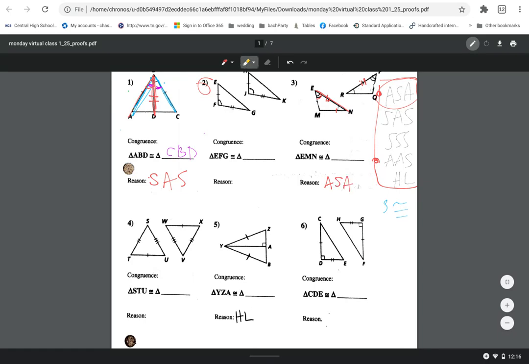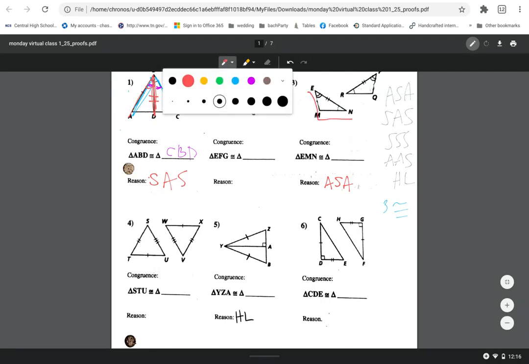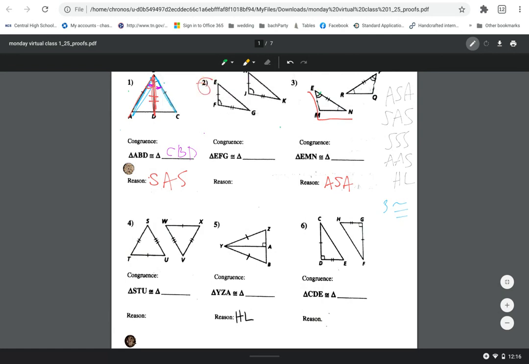Okay, so let's try to name them in the same order. So if you look, EMN, so EMN. So if we look at the other one, E is the angle with two arcs.